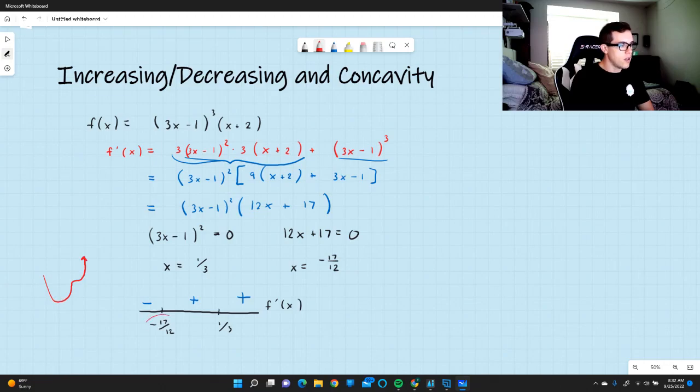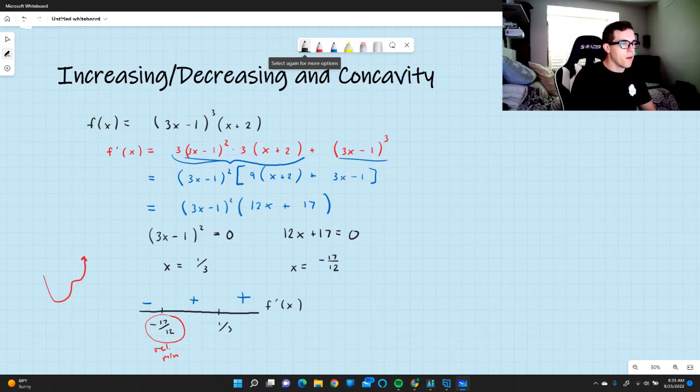So this is a relative min. This 1/3 is a neither. It's not a relative max or a relative min. It is a critical point, probably be an inflection point, but it is not a relative max or relative min.